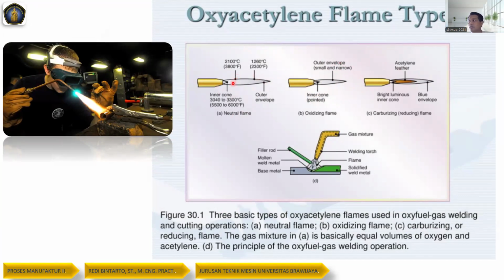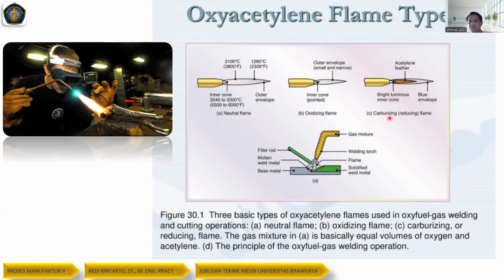We can try to identify the heat input from the torch, where the acetylene is inside, and the outer is a blue envelope with a bright luminous inner cone.